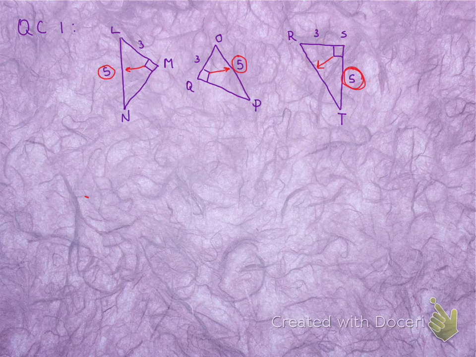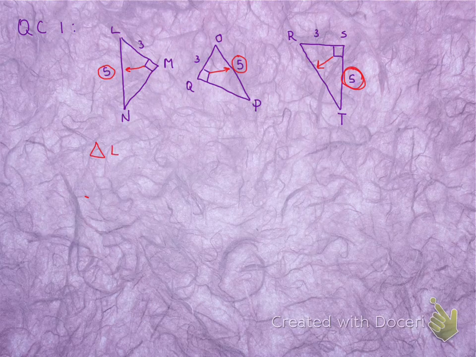The leg is 5. So the two triangles that are congruent are the first one and the second one. Writing the triangle congruence statement is just as important here as being able to identify the congruent triangles.